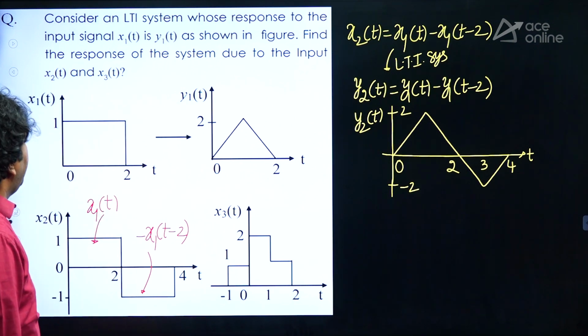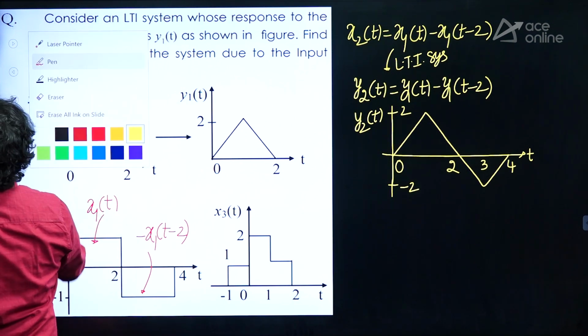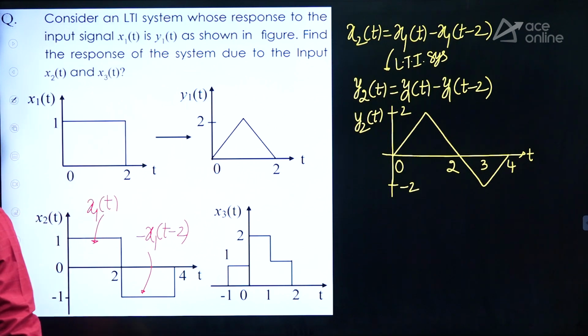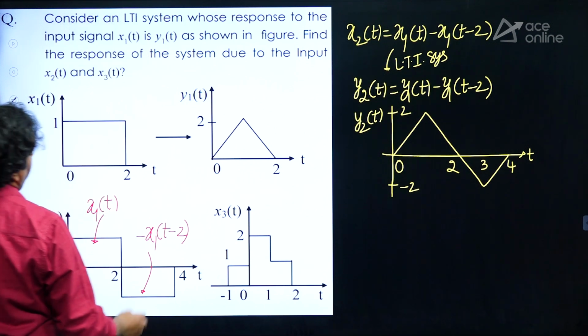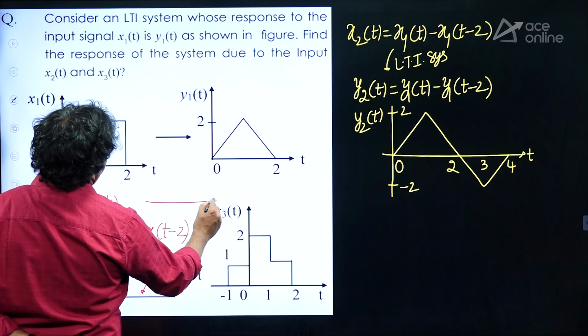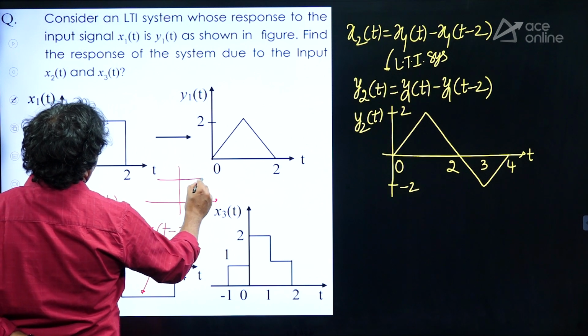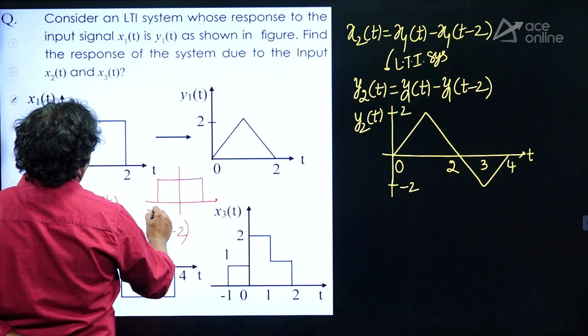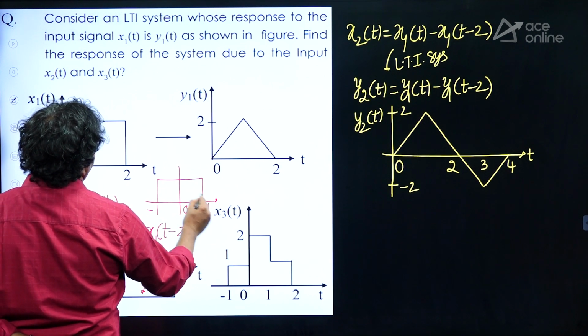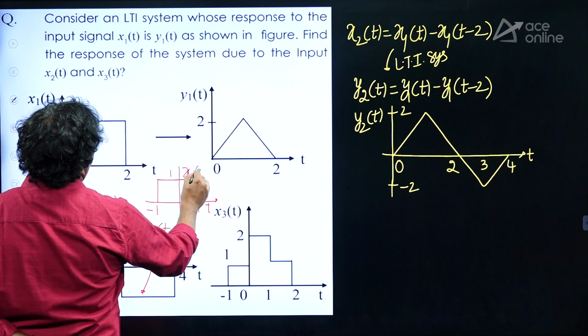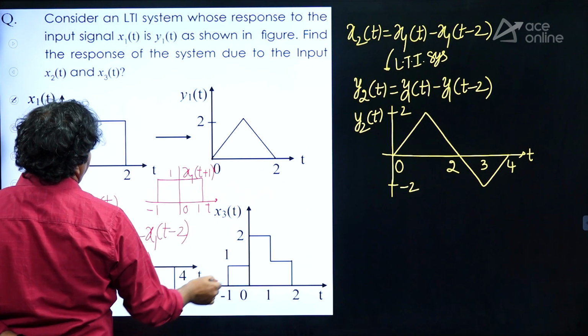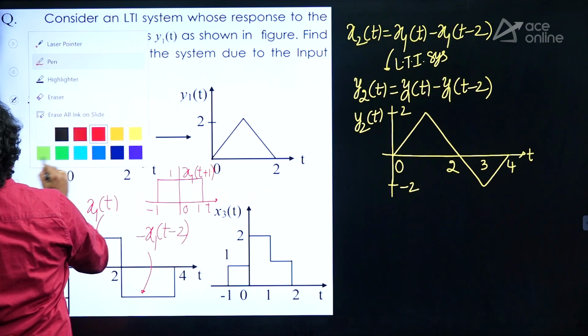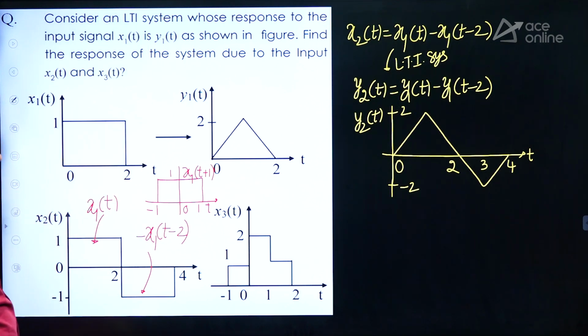In a similar way, how to get the relation between x3(t) and x1(t)? Suppose I am choosing x1(t+1). What is the need to choose x1(t+1)? Because x3(t) starts at -1.